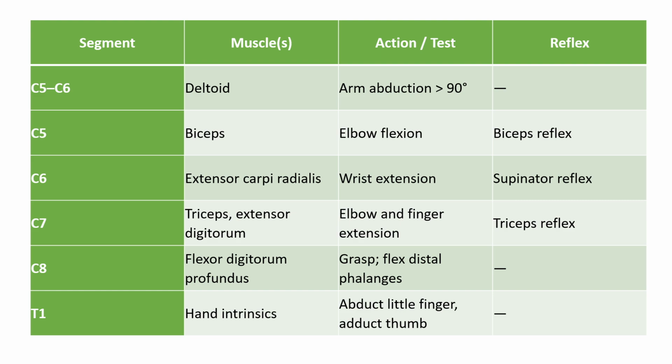C7 involves the triceps and extensor digitorum for elbow and finger extension, accompanied by the triceps reflex. Distally, C8 controls finger flexion through the flexor digitorum profundus, while T1 governs fine hand movements, such as little finger abduction and thumb adduction. Examining these muscles systematically allows us to localize nerve root function and identify deficits efficiently.